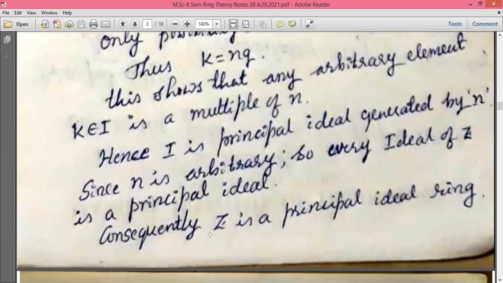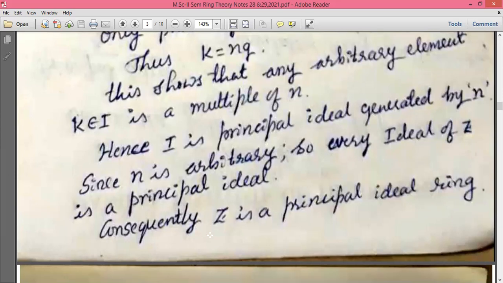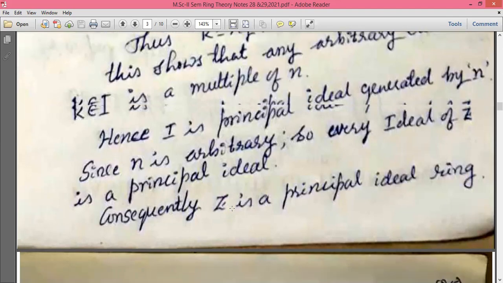Since n is arbitrary, every ideal of Z is a principal ideal. Consequently, the set of integers is also a principal ideal ring.